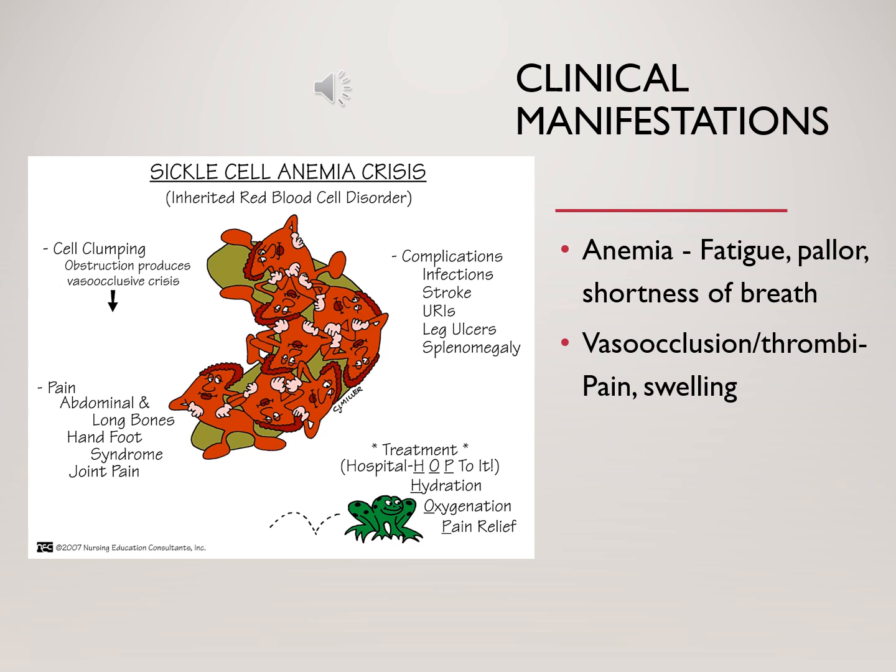There is a sequestration crisis caused by a sudden massive pooling of RBCs in the spleen with resulting hypovolemic shock and cardiovascular failure. There's also a hemolytic crisis. So this results from that increased rate of RBC hemolysis with resultant decreased hemoglobin levels and increased jaundice.